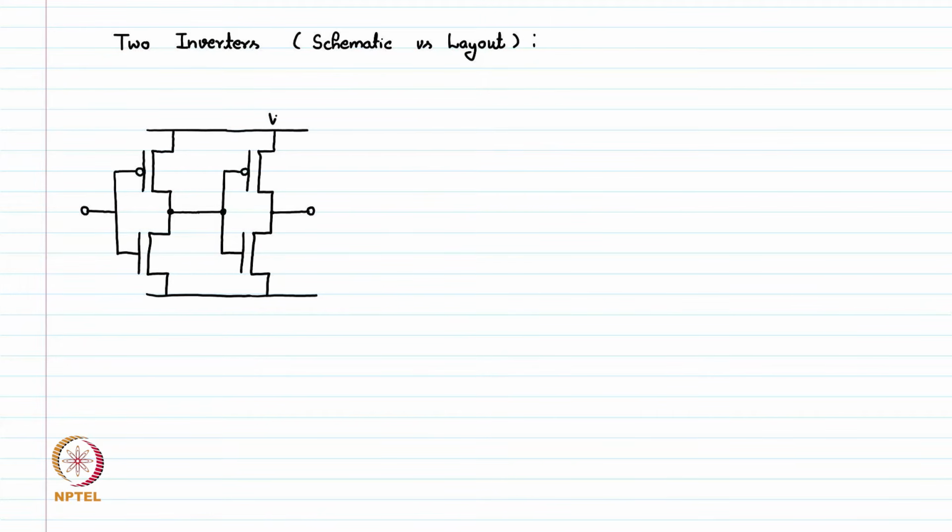On the top we have this VDD supply, and on the bottom we have the GND supply, or the ground supply.